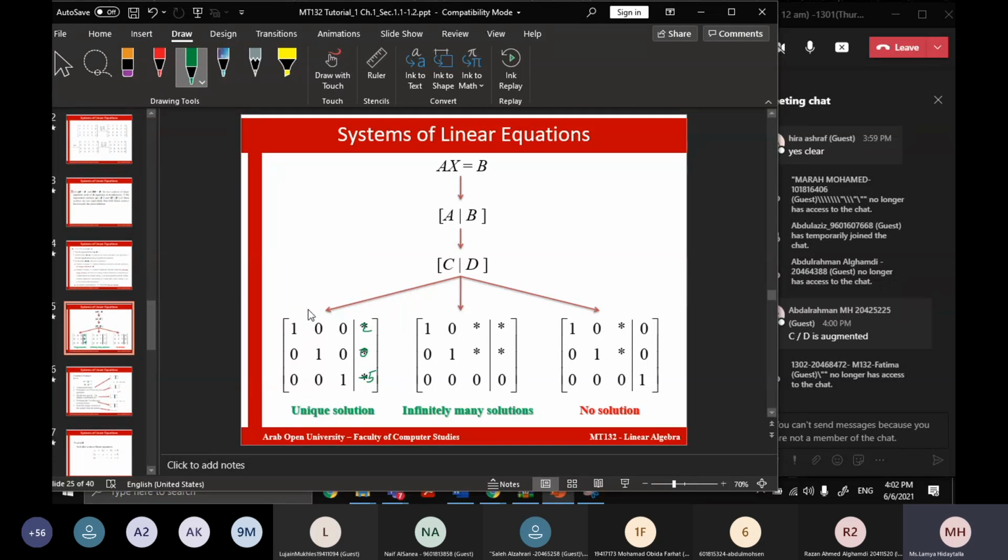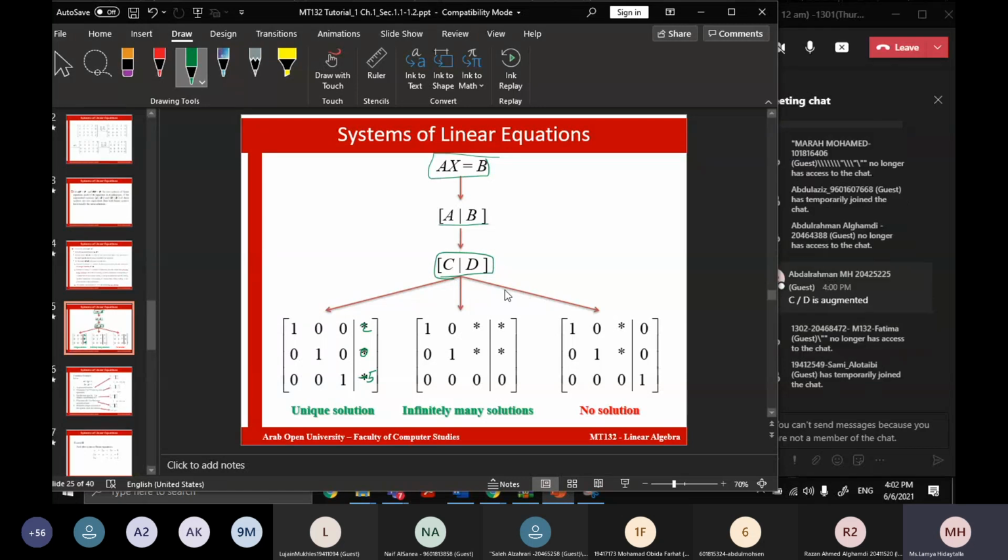I start from my system, I put it in the augmented form, and I reduce by doing some row operations to the simplest one, which is the reduced echelon form. And then I can have one of three cases. Either you will reach something like that.